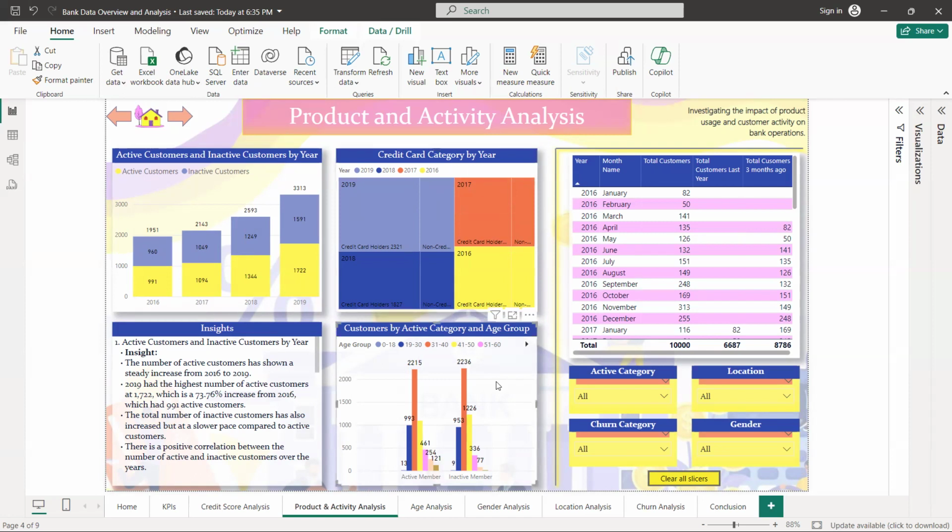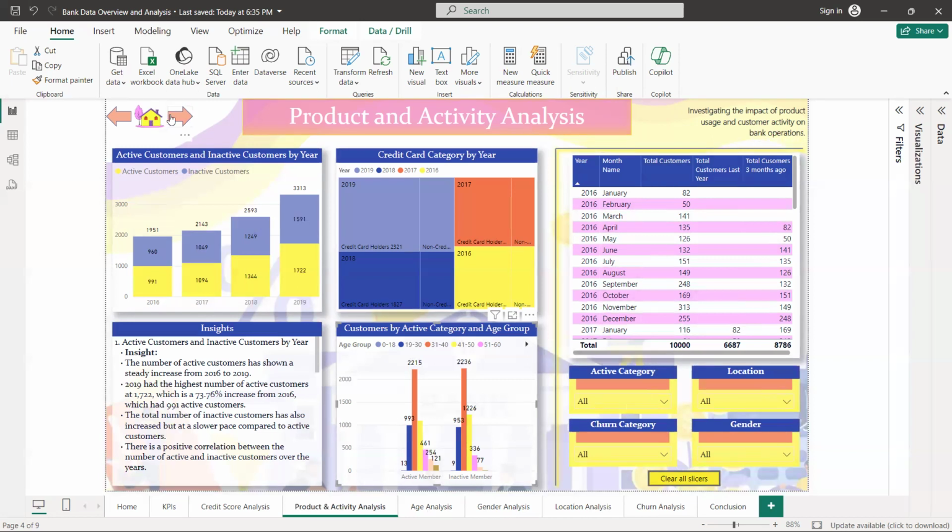Then comes a clustered column chart that breaks down customers by age group and their active status. Then comes a table that lists monthly customer data showing the total customers for each month from 2016 to 2019, along with totals for the last year and 3 months ago. Then comes different slices.